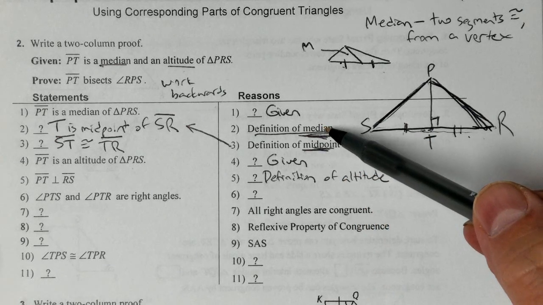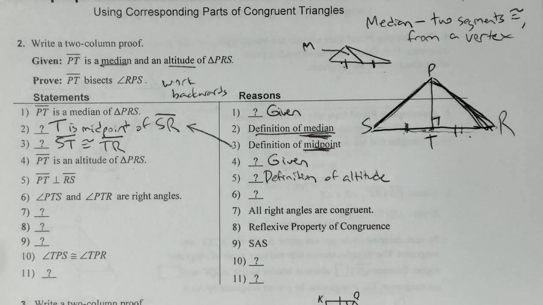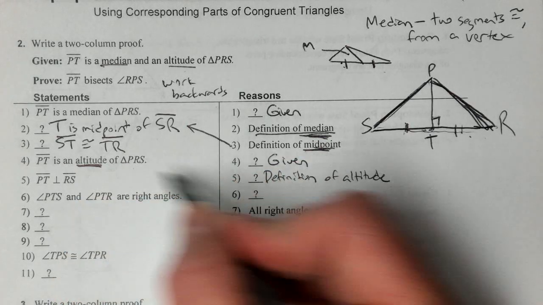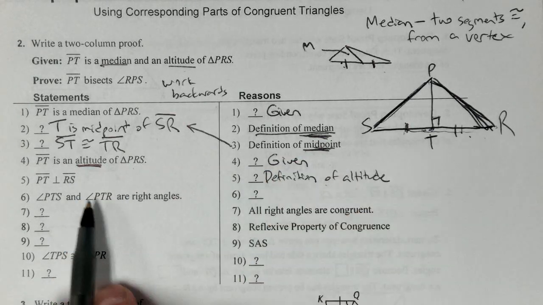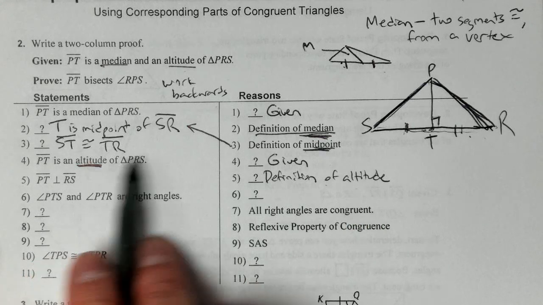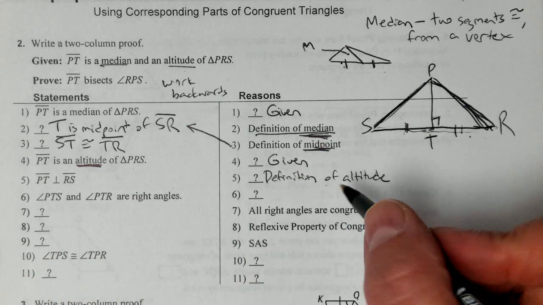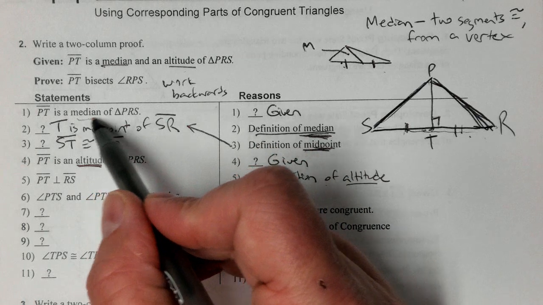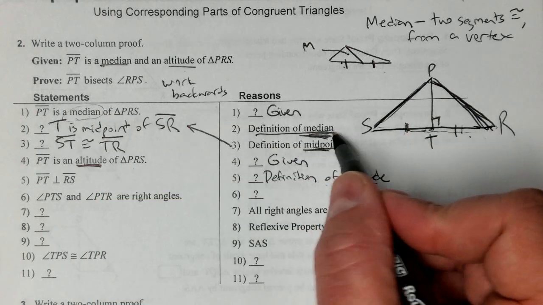So these other things said definition of median and midpoint. In our case, we need definition of altitude because the word above it was altitude. Remember, that's how it works. If you've got a word here, then the next one would be definition of that word. Just like here was definition of median, so we have median here.